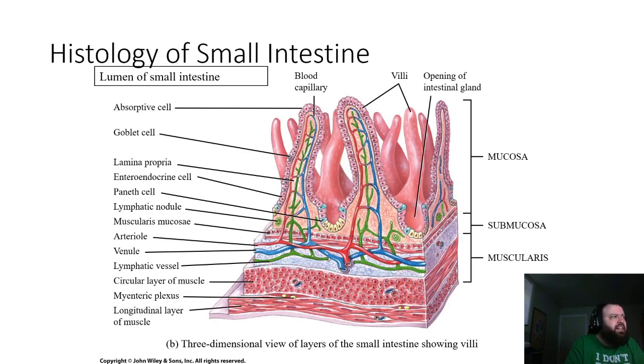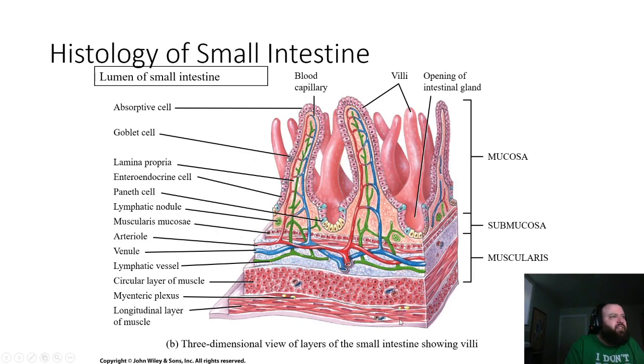The muscularis layer has back to 2 levels. So you have an inner circular layer of muscle right here, and then you have an outer longitudinal layer of muscles right here, and you can actually see the myenteric plexuses that are regulating those activities there.